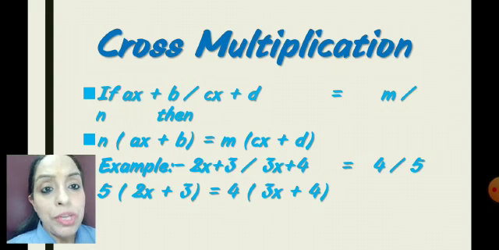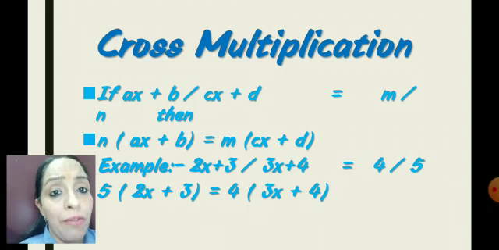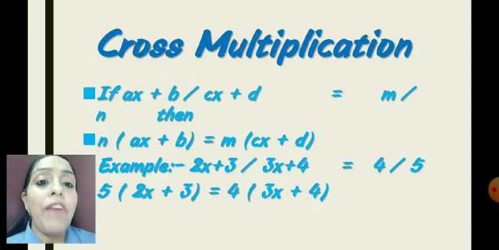So 5 is multiplying with the whole bracket, 2x plus 3. 5 multiplied by 2x is 10x, and 5 threes are 15.